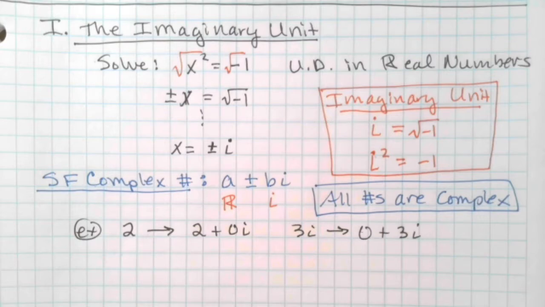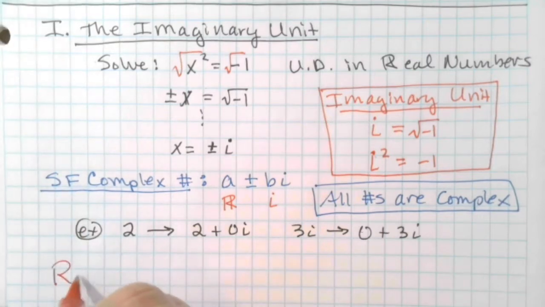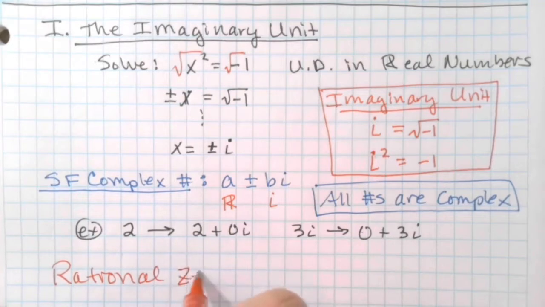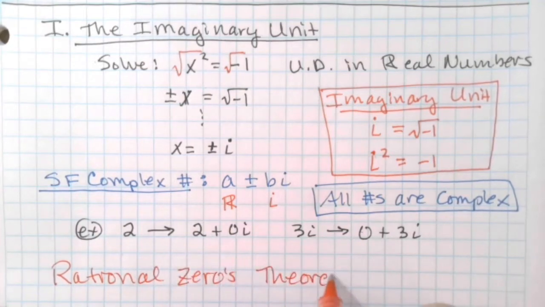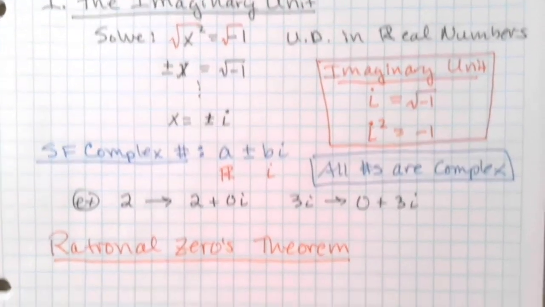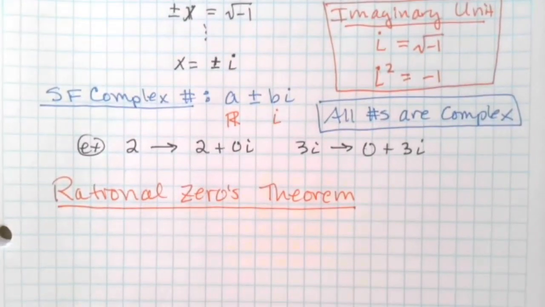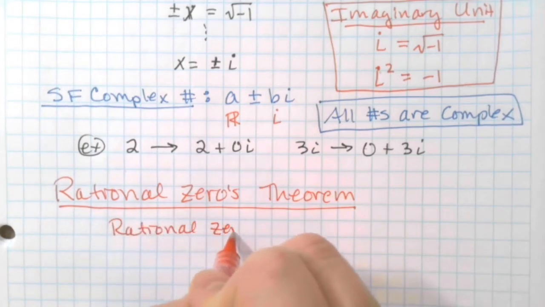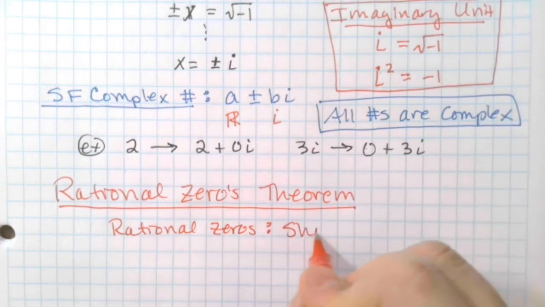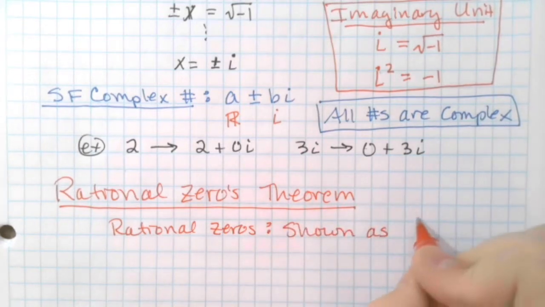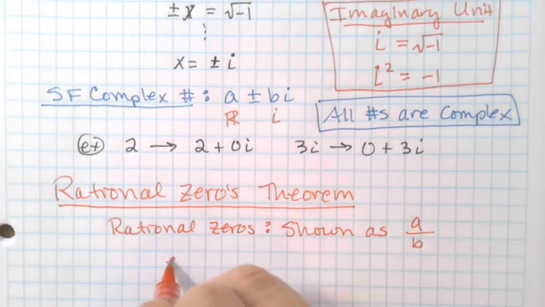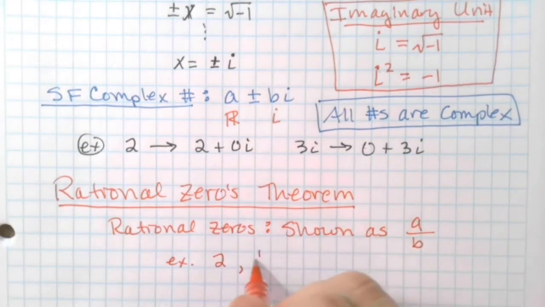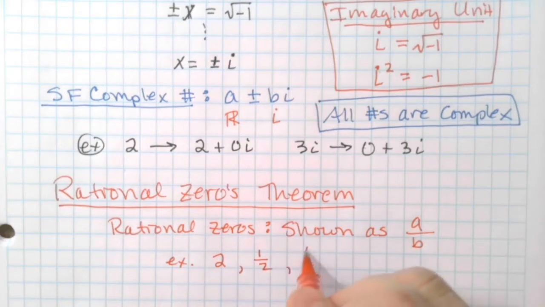So how does this fit into what we've been learning? Well, we've been learning the rational zeros theorem. So the question is, what does the rational zeros theorem get us, and what does it not get us? It only gives us rational zeros, which are any numbers that can be shown as some number a over some number b. So, for example, 2, 1/2, 4 over 1.